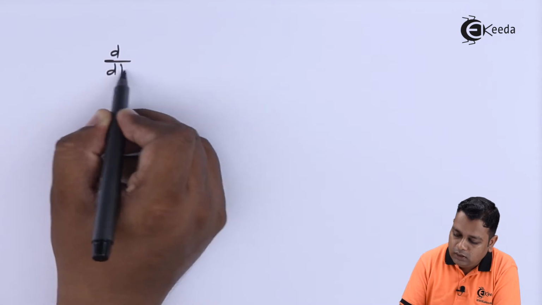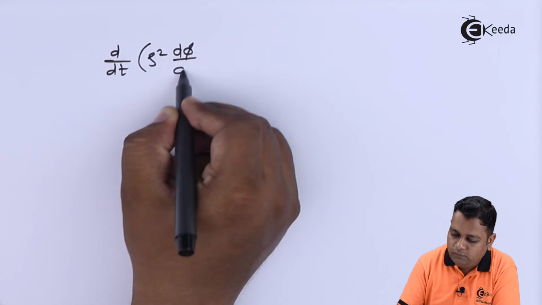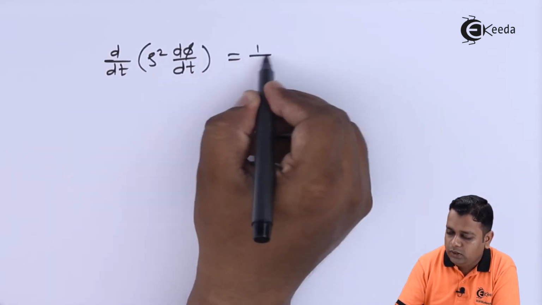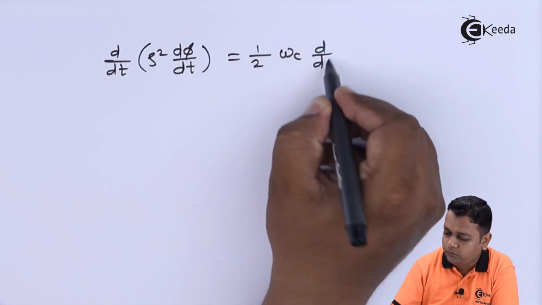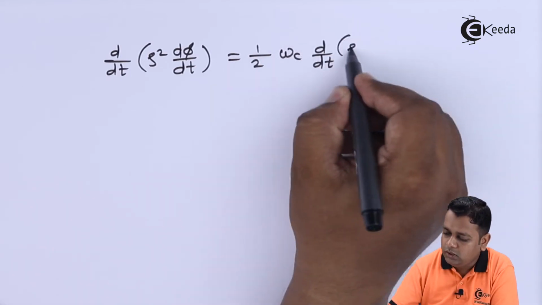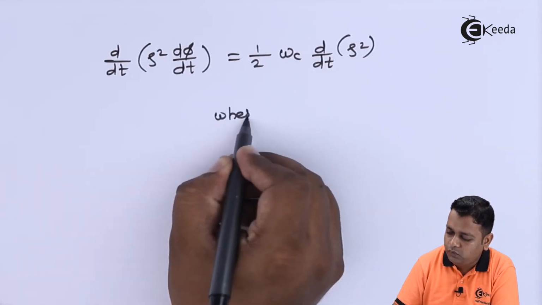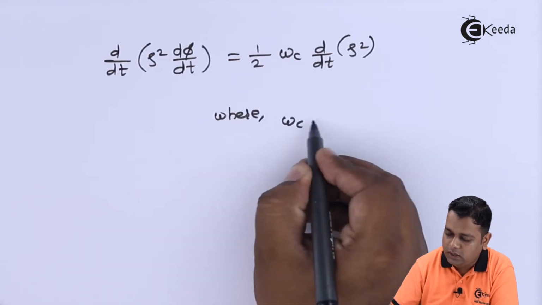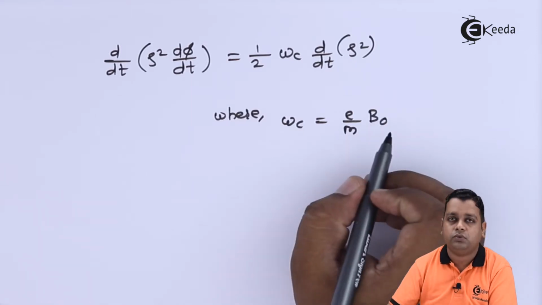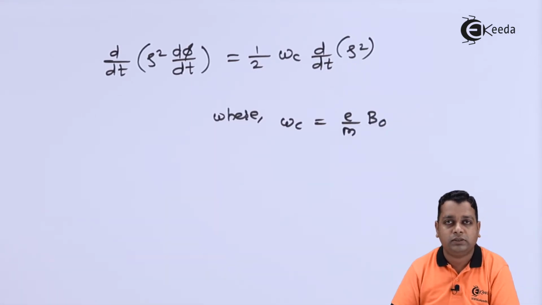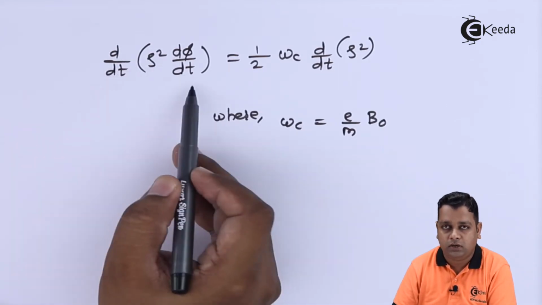It has d/dt of ρ² dφ/dt equal to 1/2 ωc times d/dt of ρ². Here we can substitute ωc equal to e/m times B0, the initial magnetic flux density.